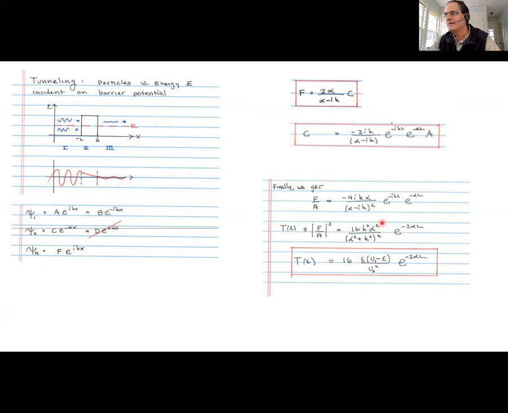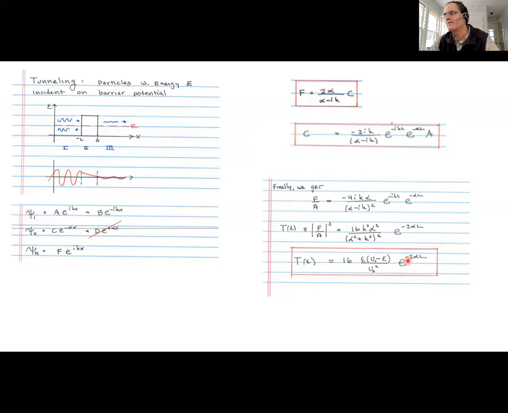Finally, let's just rewrite this so that for these factors in the front, instead of having k and alpha, we'll write it in terms of E and U, okay? And when we do that, it's just a little bit of algebra. We get 16 energy times quantity U naught minus energy divided by U naught squared, okay?